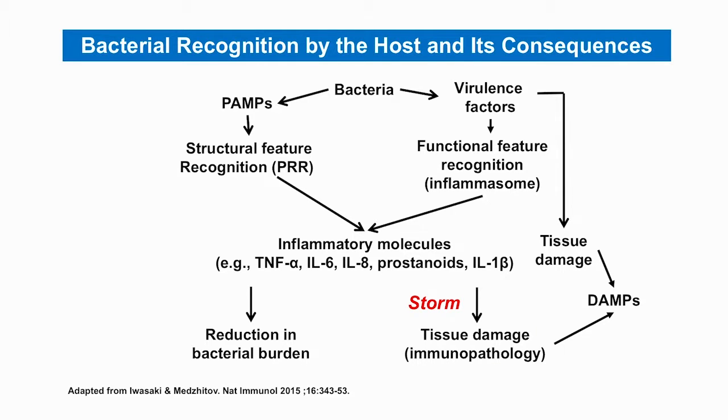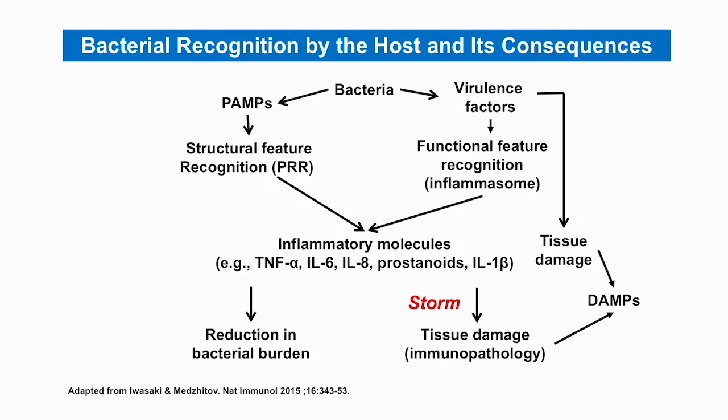But in some individuals, this inflammatory response is excessive. There is a cytokine storm, and this cytokine storm can cause tissue damage. And this process is called immunopathology. And also, please note on the right side of the cartoon that virulence factors can cause tissue damage directly.